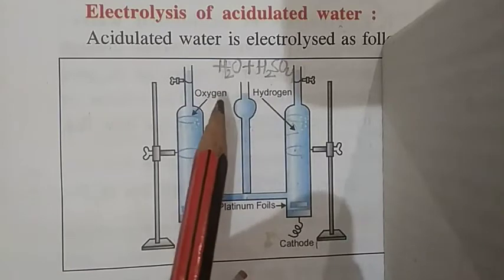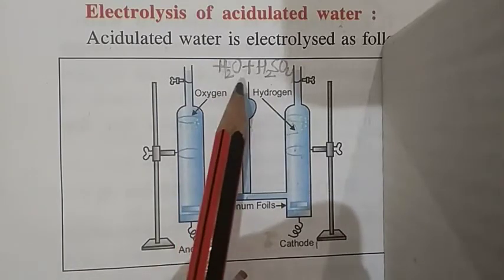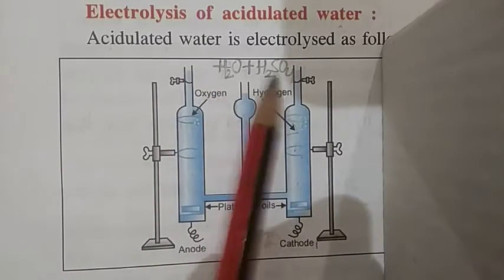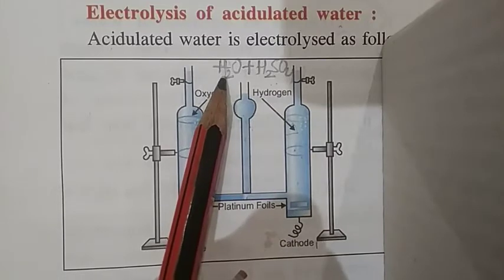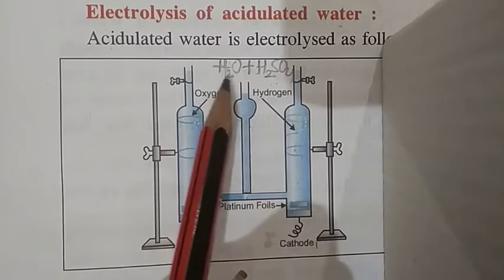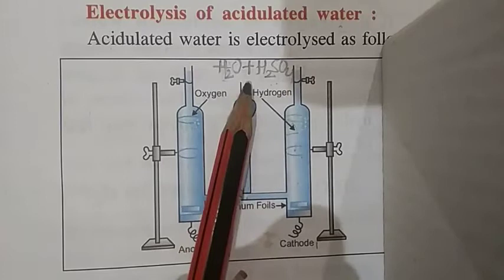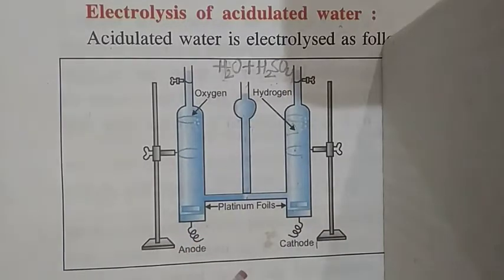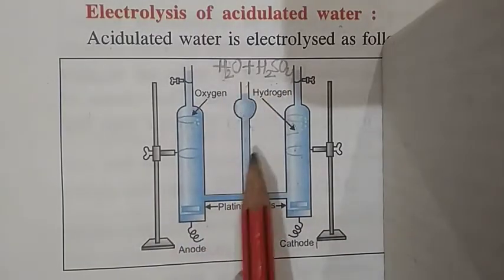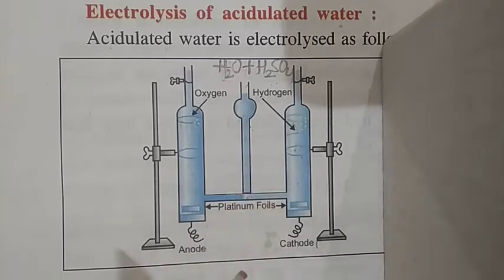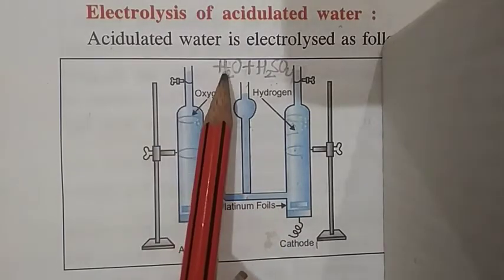By the addition of sulfuric acid, what happens? This sulfuric acid helps in the ionization of water molecules into ions. That's why we are adding the sulfuric acid. As we add this into the central tube, we then supply the electric current for the electrolysis of water molecules.